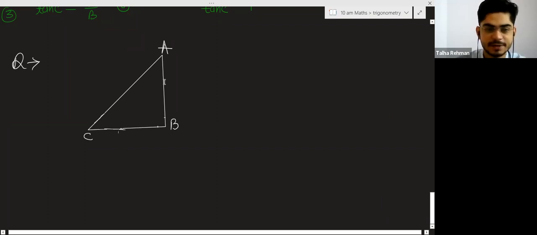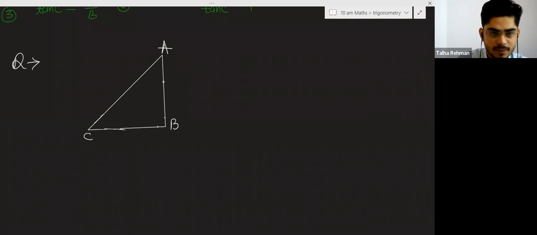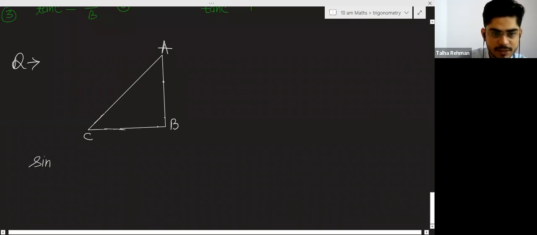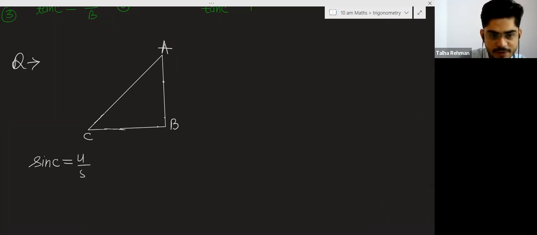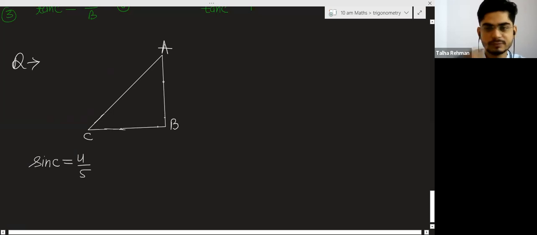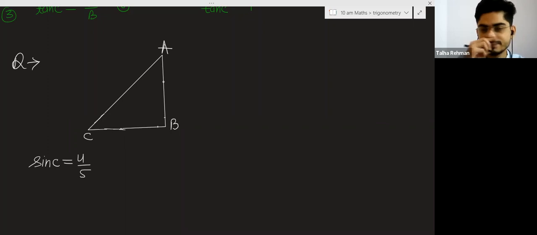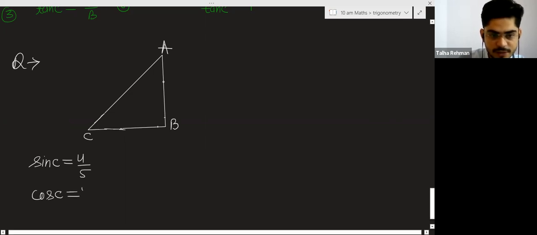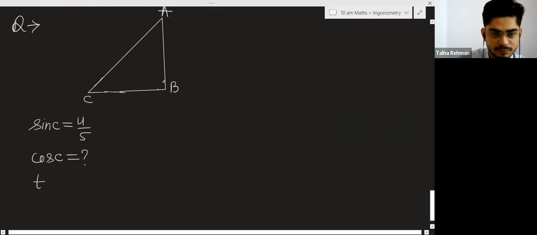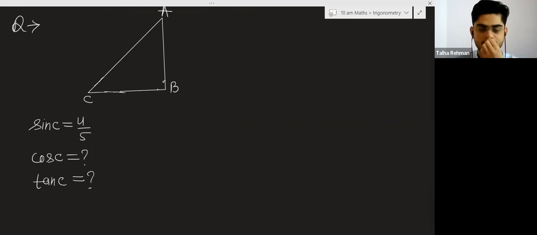They are saying that sine C is given as 4 divided by 5, and we have to find cos C, and we have to find the tan C. This is the question.